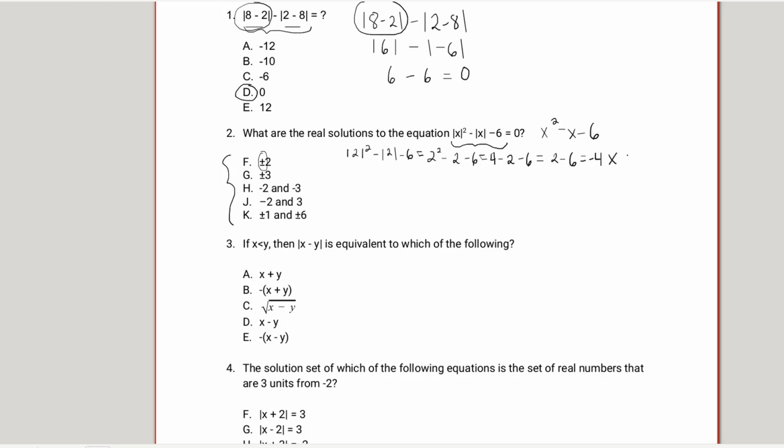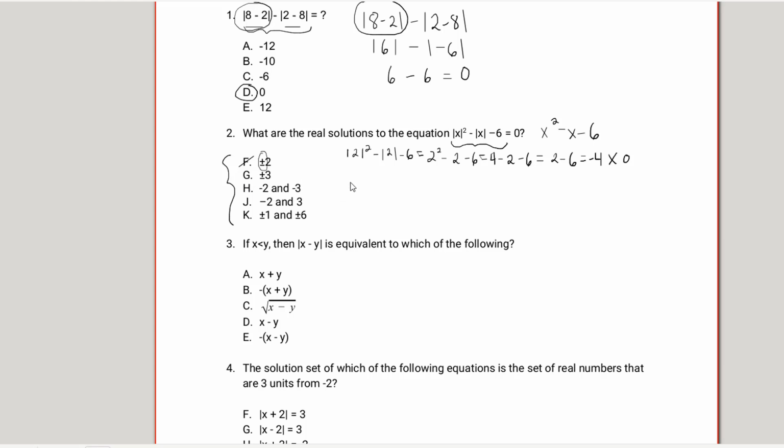That is not 0. So F option is out, just based on that positive 2. That's as far as we have to go. Now we could glance down at our other choices. If we had another answer choice that had a positive 2 in it, we could eliminate that, but we don't.